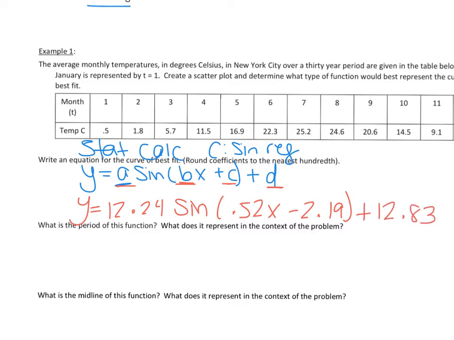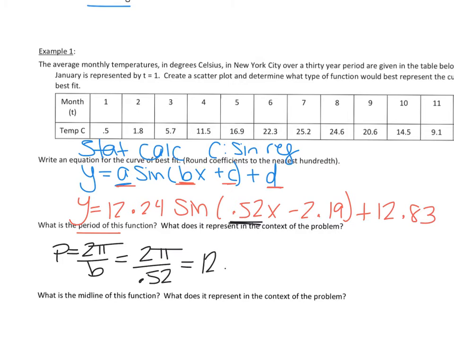12.83. They want you to determine the period of this function, so I'll use my period formula, which is 2 pi over b. The b value is this 0.52. I'm going to type this into my calculator, and I'm going to end up getting about 12.08. Remember, the definition of period is the length it takes to create one full cycle. So the 12.08 is very significant in this problem.